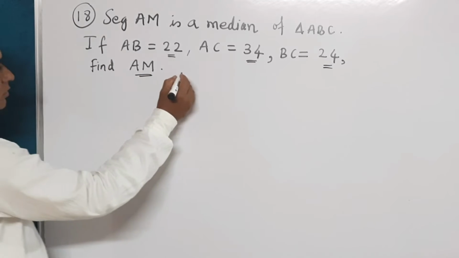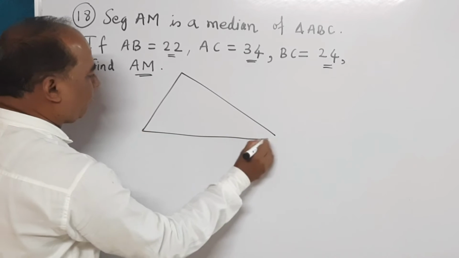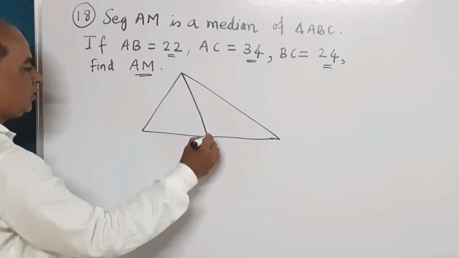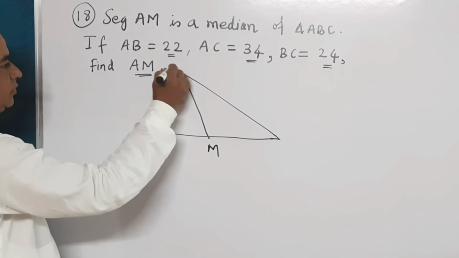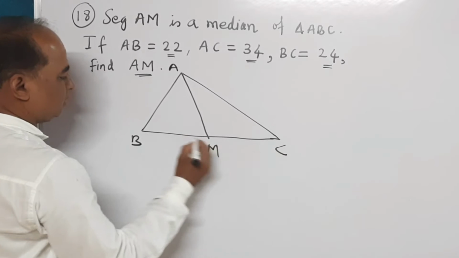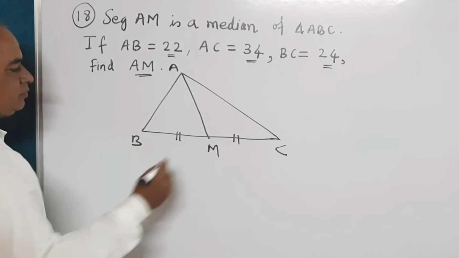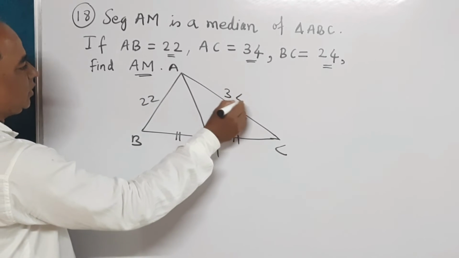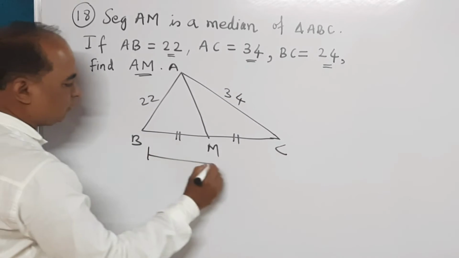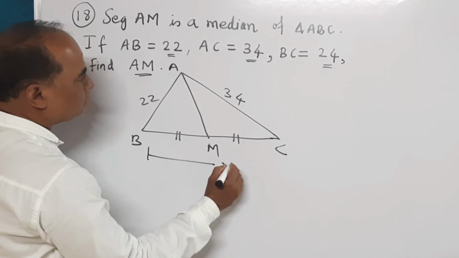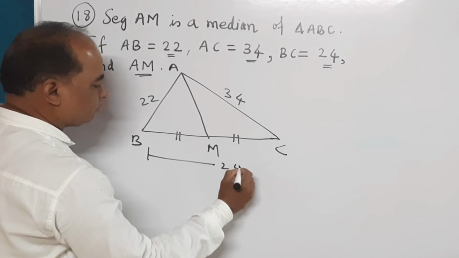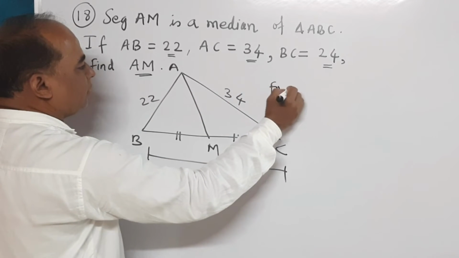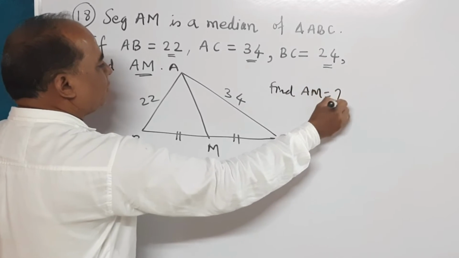So here in triangle ABC, segment AM is the median, M is the midpoint of BC, AB is equal to 22, AC is equal to 34, length of BC is given, that is 24. You have to find AM, the length of the median.